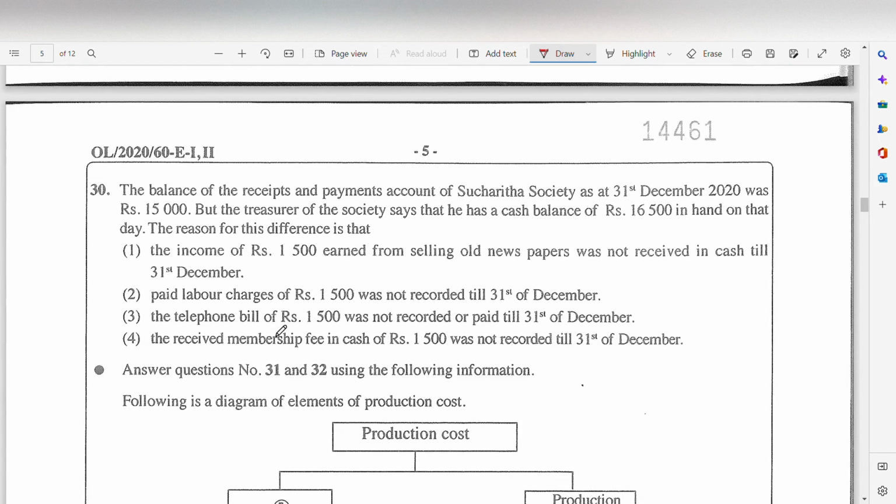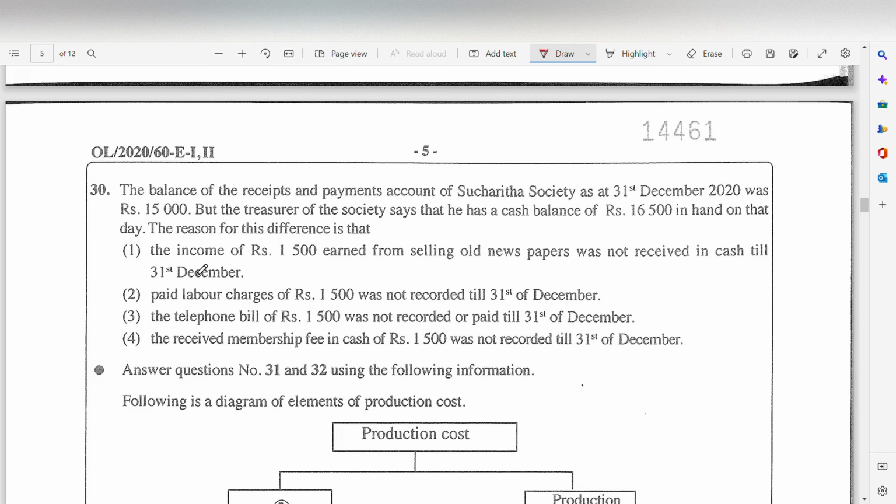Question number 30. The balance of the receipt of payments account of Sucharita's society as at 31st December 2020 was rupees 15,000. But the treasurer of the society says that he has a cash balance of 16,500 in hand on that day.